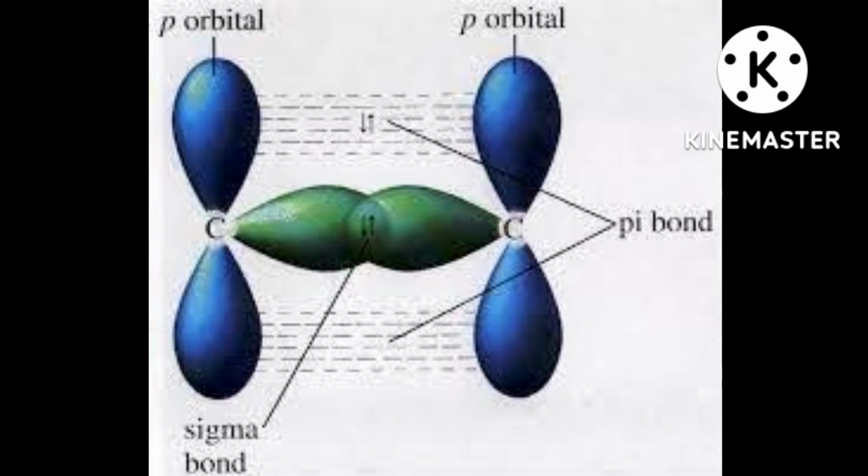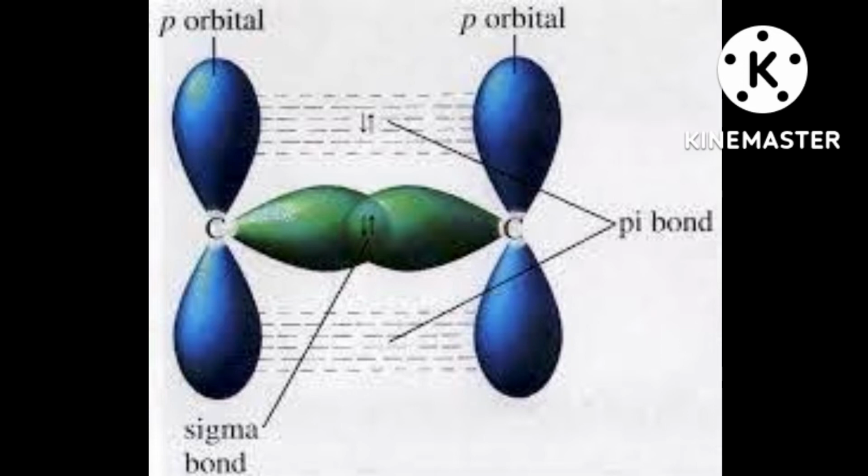This is in disagreement with the actual bond angles of 107 degrees and 104.5 degrees in NH3 and H2O molecules respectively.